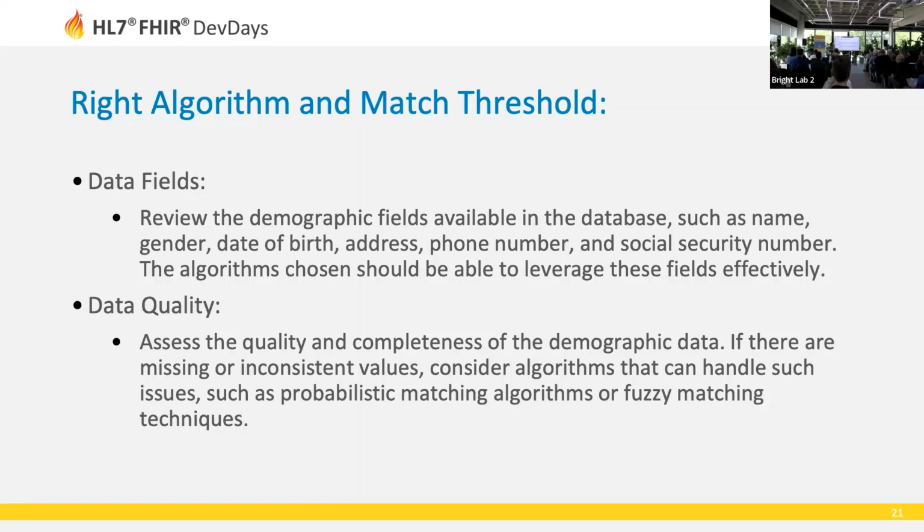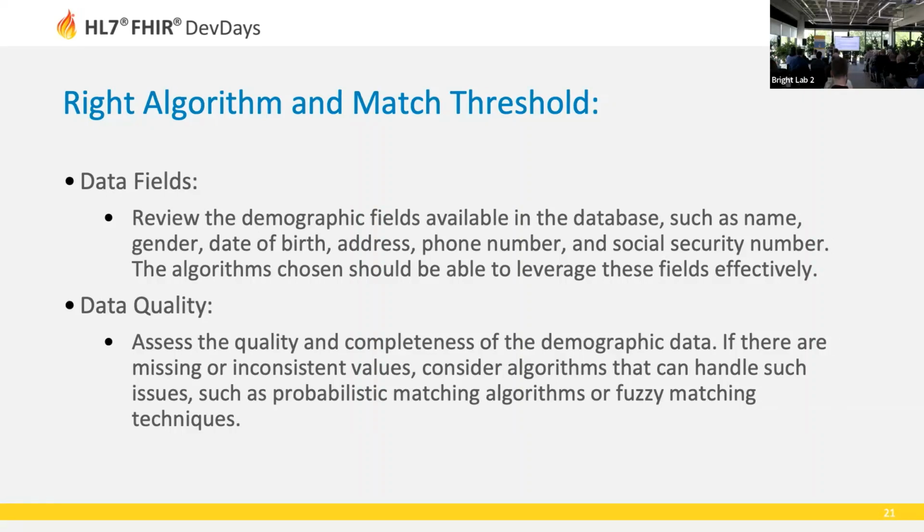But if you want to name your girl baby girl, we're fine with that. But you have to use the right algorithms. You have to see if there are inconsistencies or missing data, then maybe you want to lean into similarity algorithms and use Levenshtein, like if people are fat fingering or something is missing.